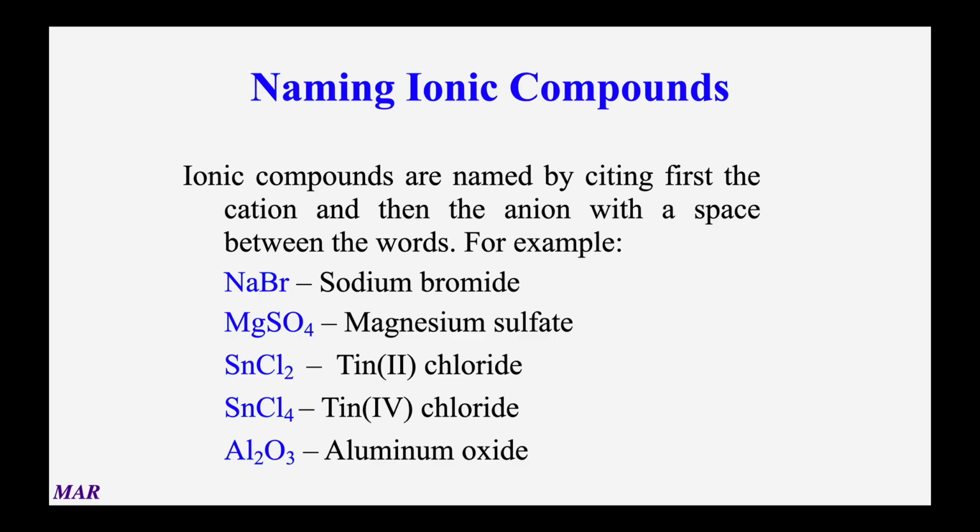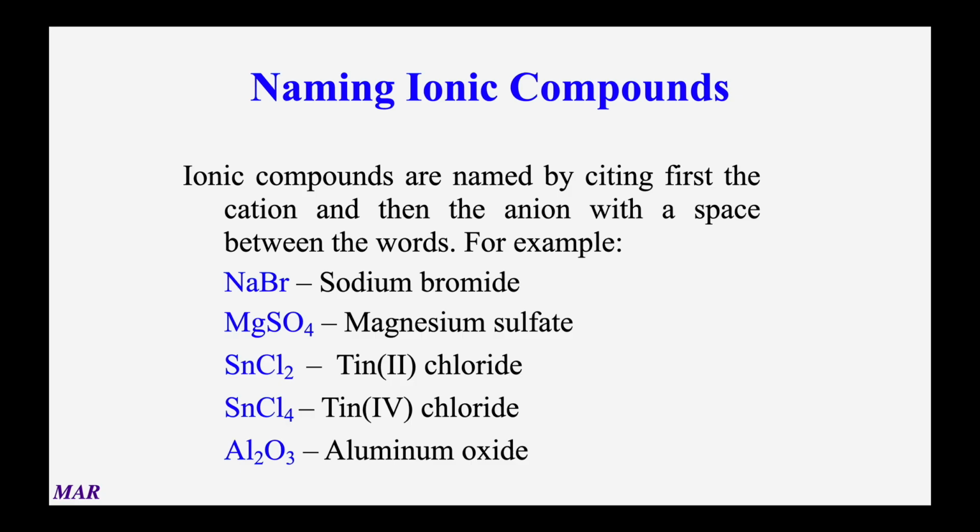To name compounds, you put the name of the cation with a space and then the name of the anion, and the name must reflect the formula, and there are going to be special rules for these kind of things. Now, some of these make sense, and remember the anion gets the ide ending.